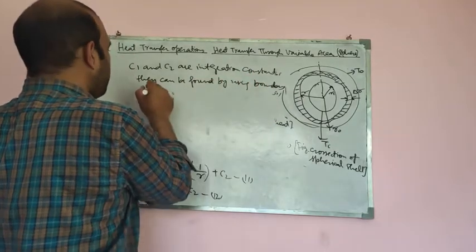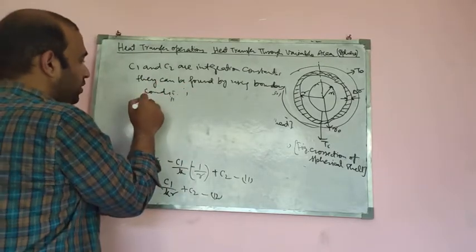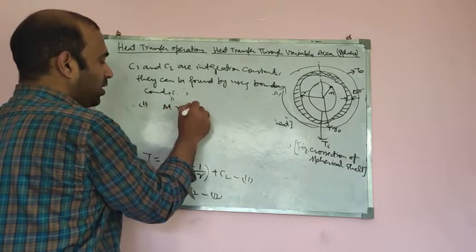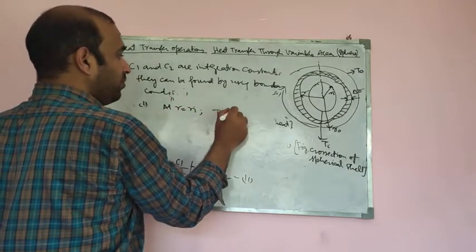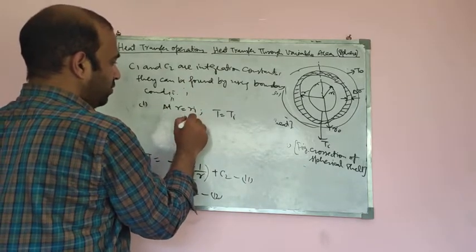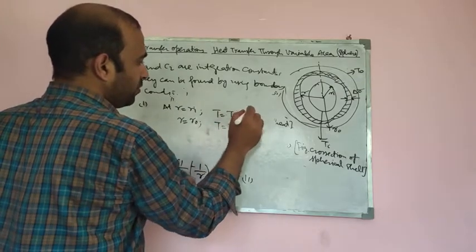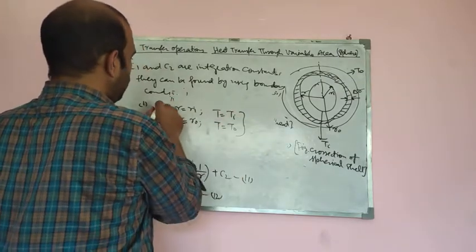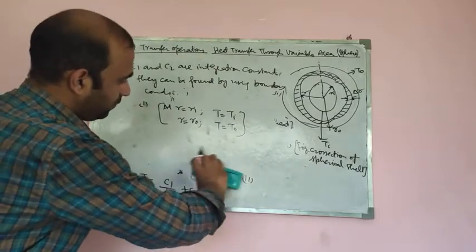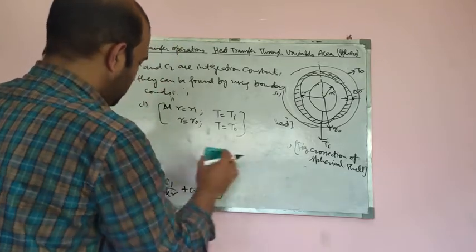So we have to apply the boundary conditions. We can have two boundary conditions. First, at r is equal to ri, that's inner radius, T will be equal to Ti. The second boundary condition will be at r is equal to r outer, that's r0, T must be equal to T outer. We have to apply these two boundary conditions in order to find the value of C1 and C2, that is the integration constants.